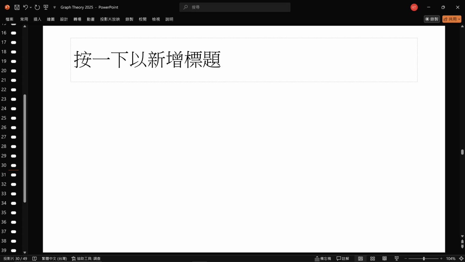A potentially connected degree sequence does not imply that all graphs that realize D must be connected. We can still have some disconnected graph to realize D. Here it is just some, not all.